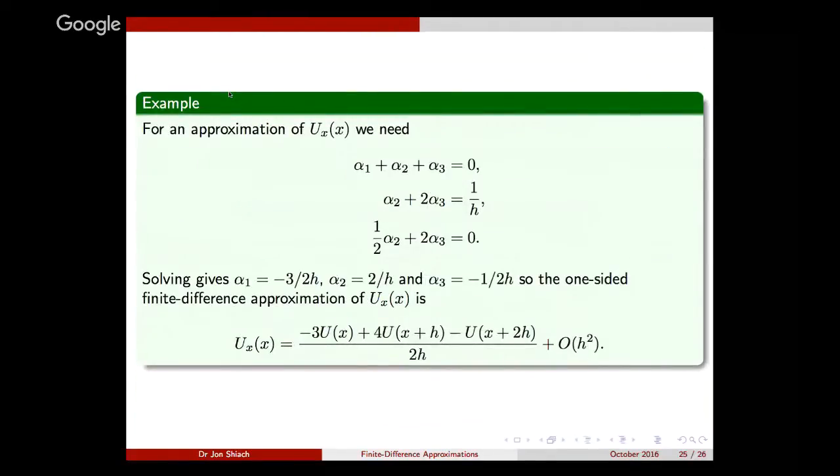Okay, so that gives me my system of equations, three unknowns. It can be solved fairly simply using algebra. So alpha 1 is minus 3 over 2h, alpha 2 is 2 over h, alpha 3 is minus 2 over h. That gives me this.